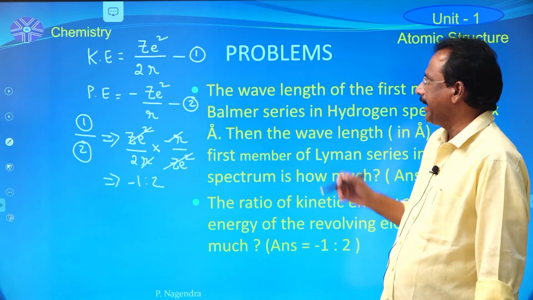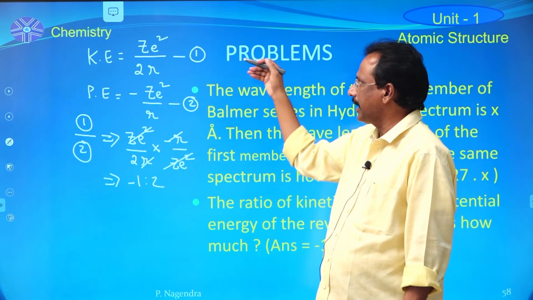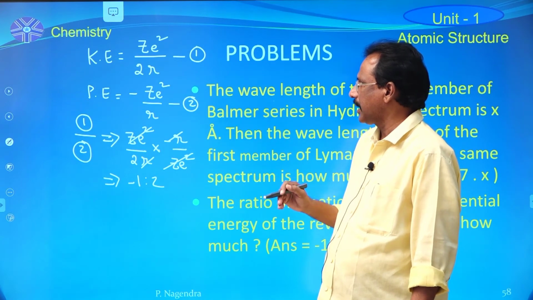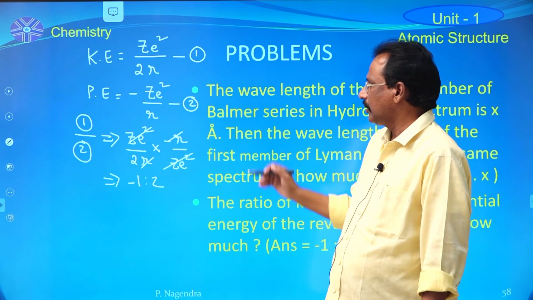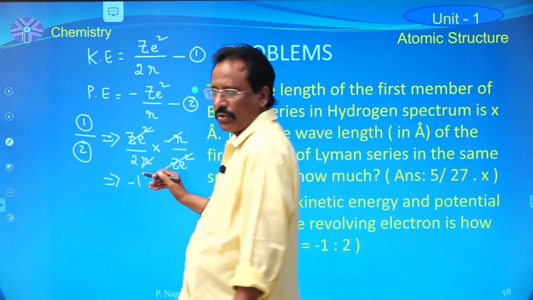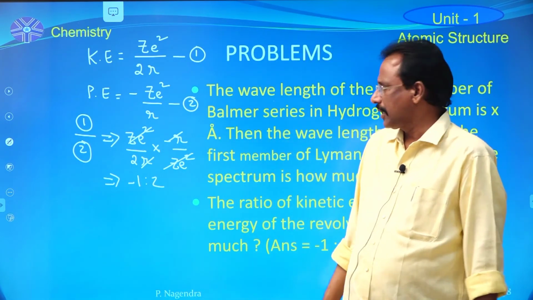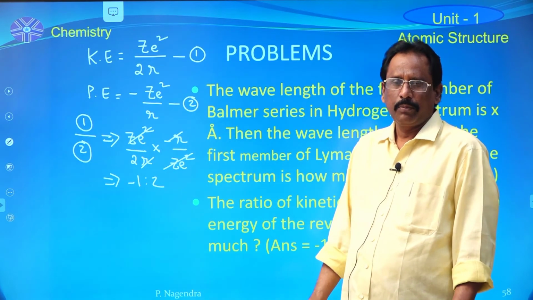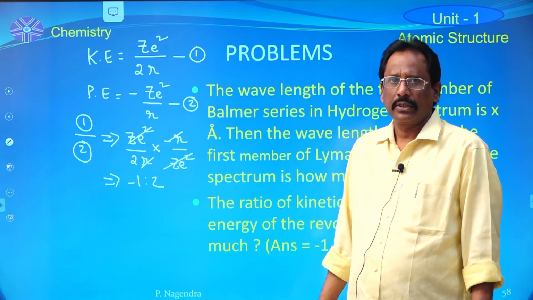So the kinetic energy, half mv square, is Ze square by 2R, and the potential energy is minus Ze square by R. So the ratio between these two is minus 1:2. In this way, Bohr's theory is useful to calculate the kinetic energy and potential energy of the electron also.